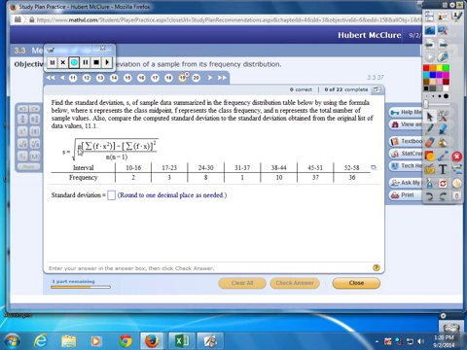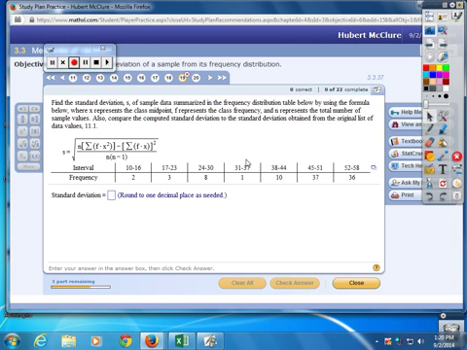We need N. Can somebody tell me what N is? All the numbers added up. So add up all those numbers, and that's going to be your N. Now you have to have F. Well, F is frequency. But what is X?